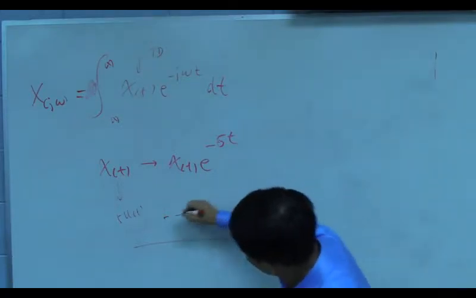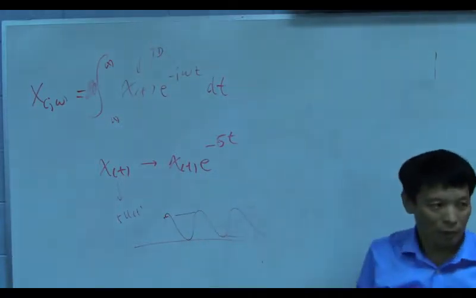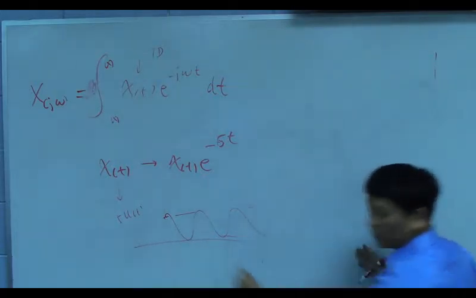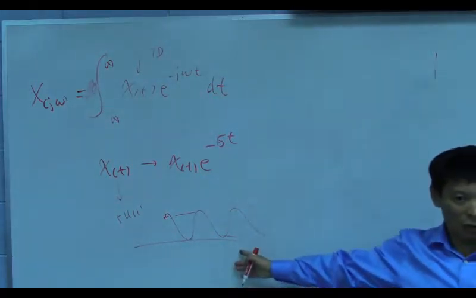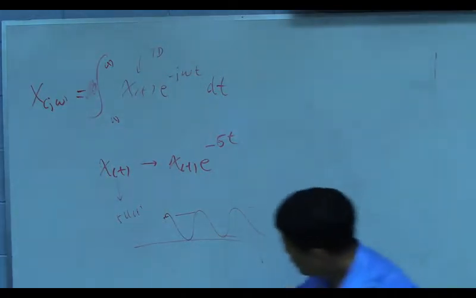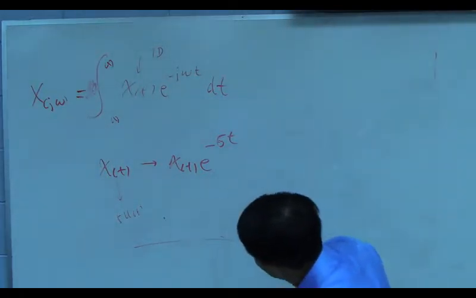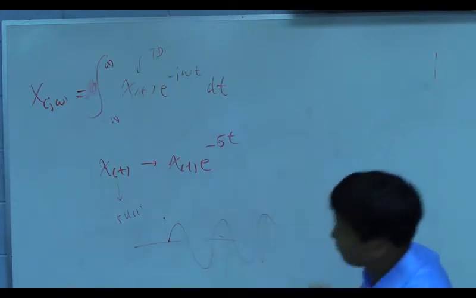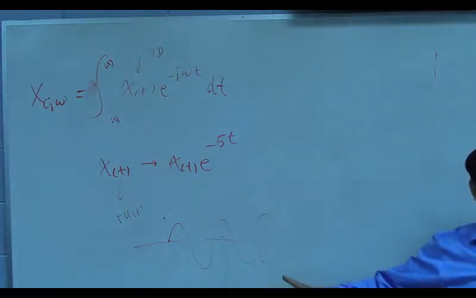So this result will be like this. Now you calculate this area over here. This does not exist. See, this area can go to infinity. Or even if it is oscillating around here like this, you still cannot calculate the integral.